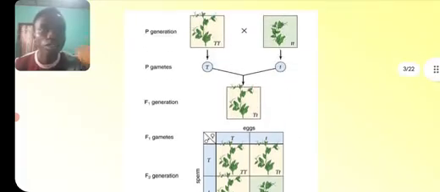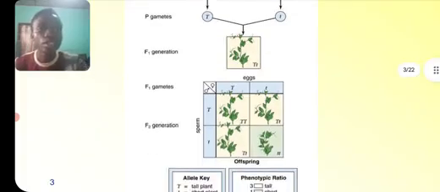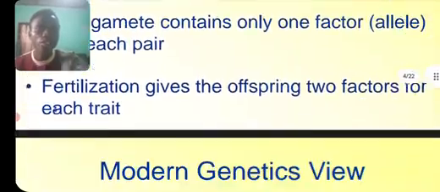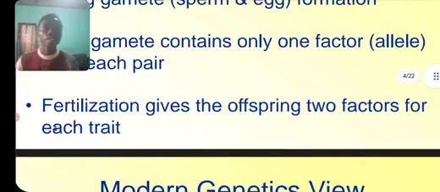This capital T was homozygous dominant for the tall trait, and some offspring have a capital T and a lowercase t, showing that this offspring obtained one factor from one gamete and another from another gamete.